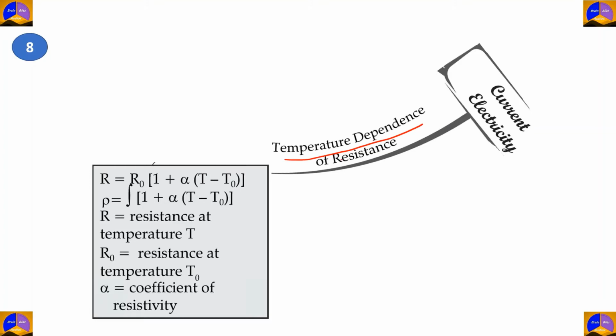Temperature dependence of resistance. You know that R is equal to rho L by A, and this value rho is dependent on the material of the conductor. Therefore, it's always constant for a given conductor of the same material.